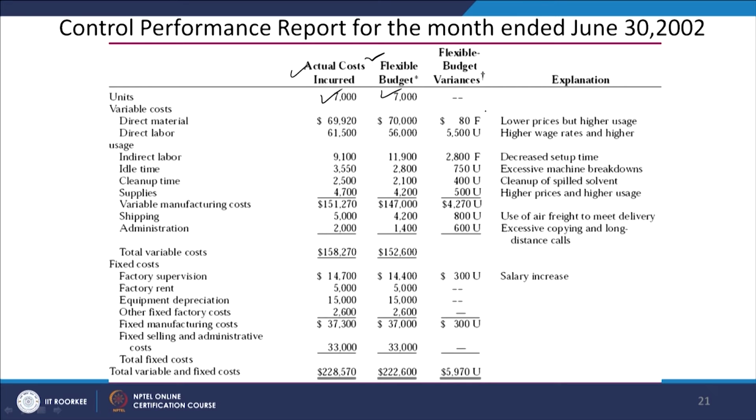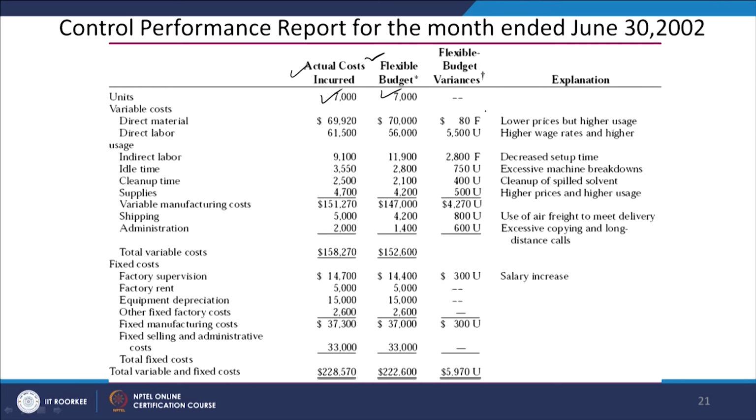In this case, direct material cost budgeted was $70,000. Actually we have been able to manage with $69,920. So now we have an $80 favorable variance.